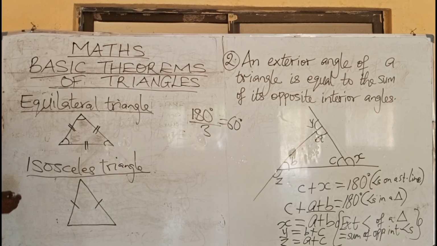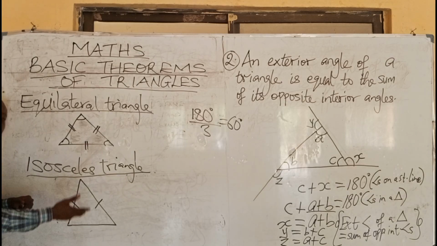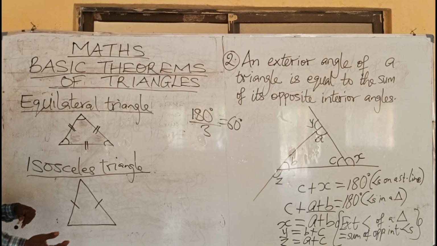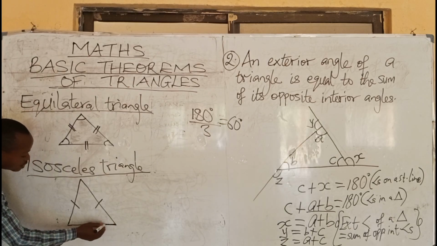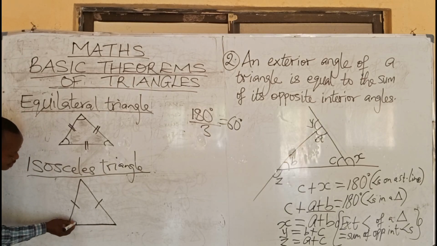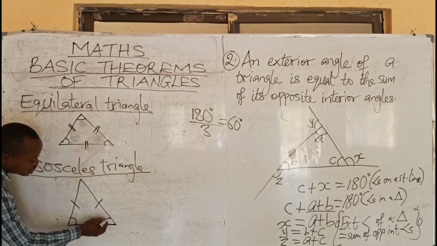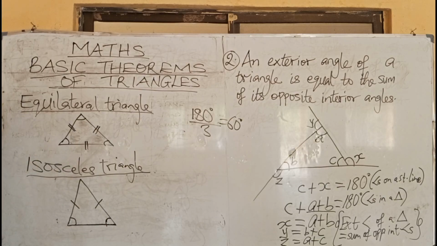In this case, the line that is not equal to the other two lines will carry what we call the base angles. So this line will carry these two base angles, and these two base angles will be equal.